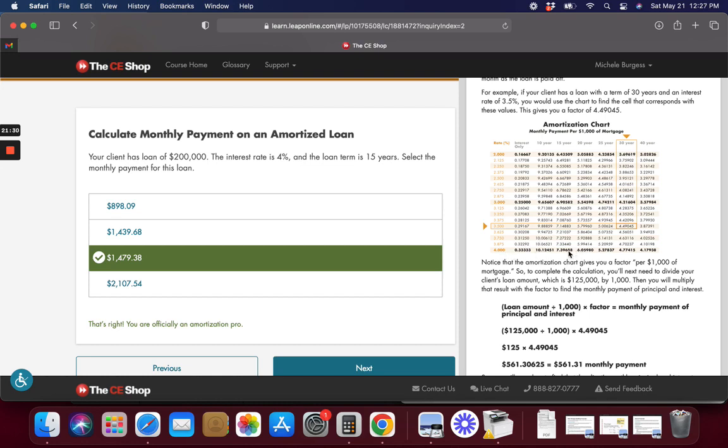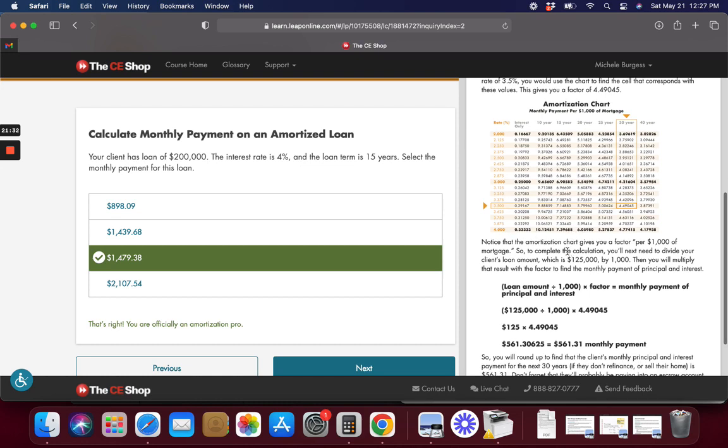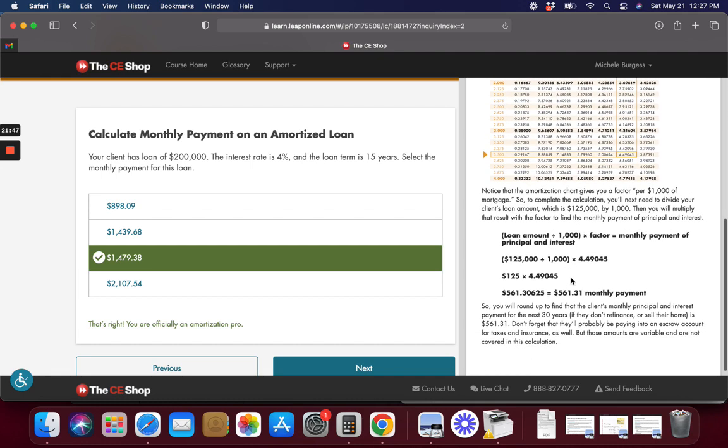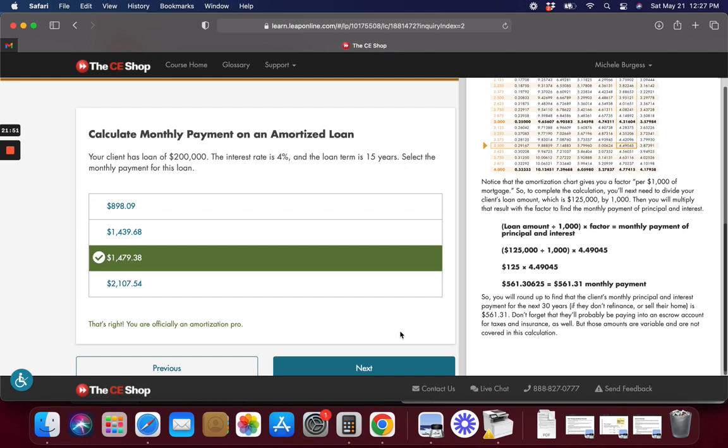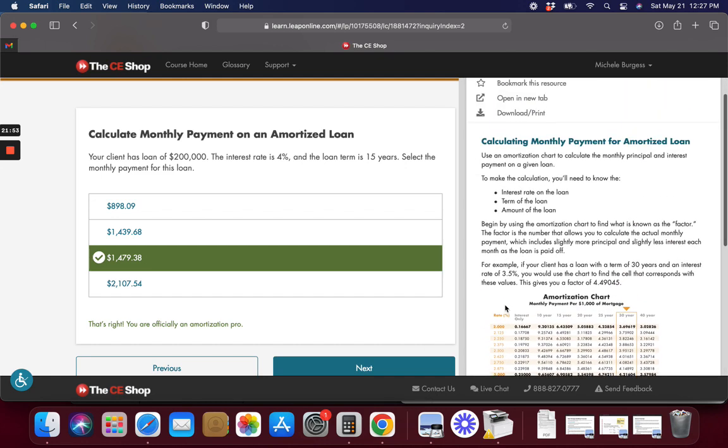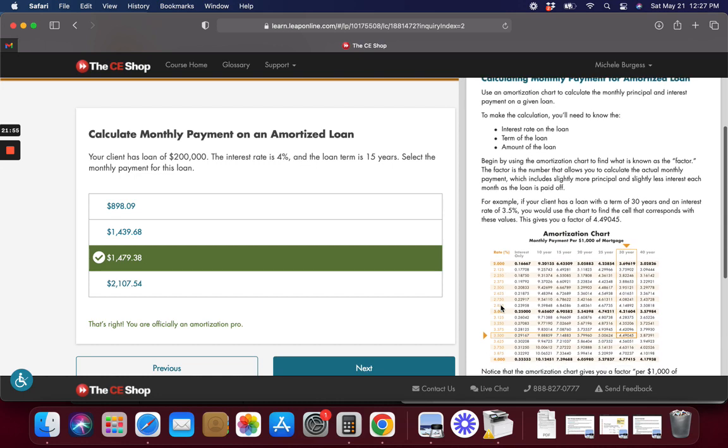It's right here. I don't know how they're getting that number. What did we do wrong? 200,000 divided by 1,000. Maybe that's what we did wrong. I don't think so. Okay, I have no idea. I followed this plan and it does not look right.